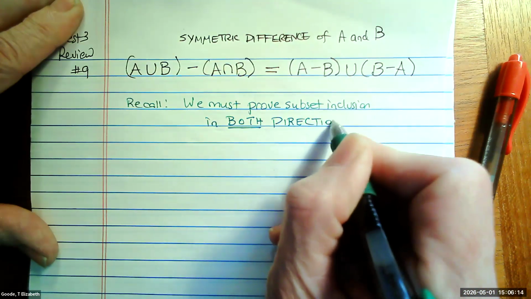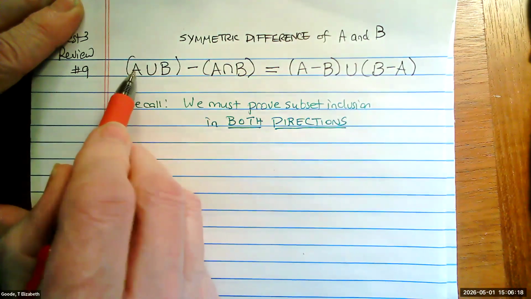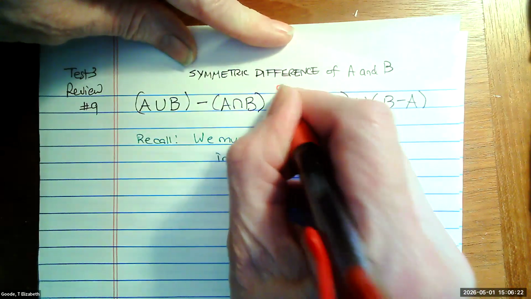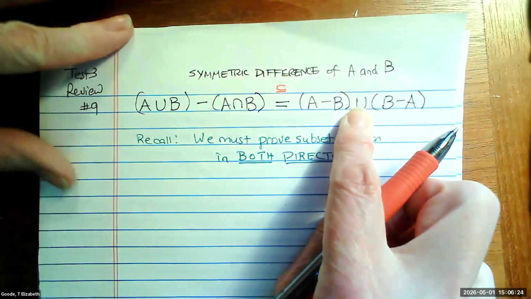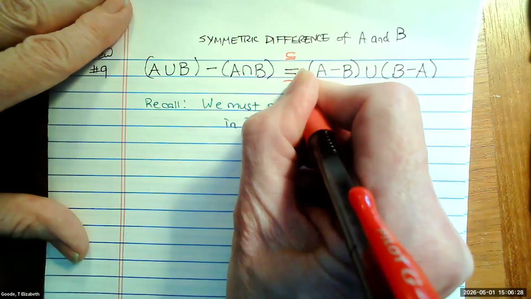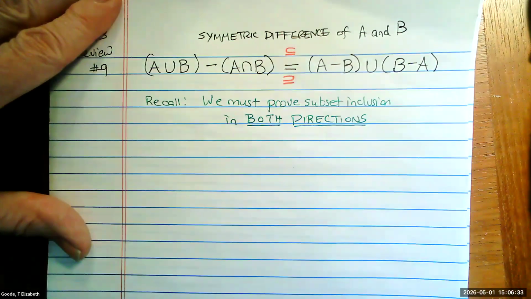What do I mean? It means we have to prove that the set on the left is a subset of the set on the right. And then we have to turn around and prove that the set on the right is a subset of the set on the left. Okay, that's what it means.